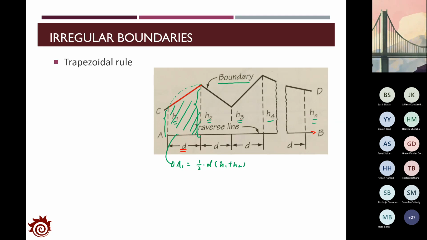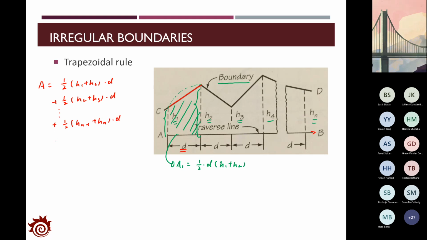For the area covered by the whole boundary, you can just sum the areas of all the trapezoids. So the area under the boundary is half of h1 plus h2 times d, plus half of h2 plus h3 times d, and finally the last interval, half of h(n-1) plus hn times d.